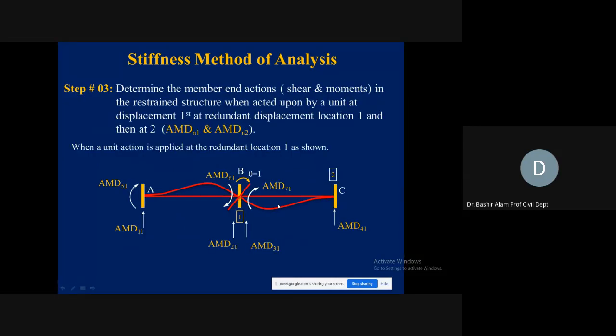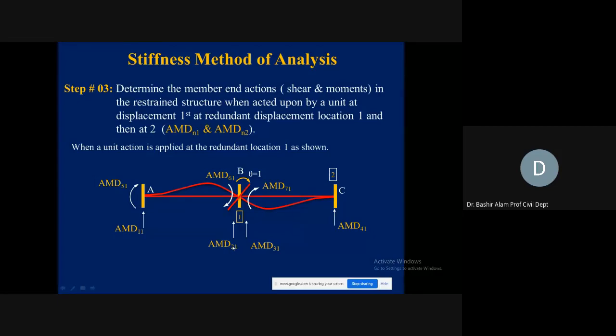Next, instead of the AMR, here we need to generate the AMD values. And from where will it be coming? From where we generated the stiffness coefficient matrix. So you see here AMD11 is corresponding to AM1, AMD21 is corresponding to AM2. From where is this 2 coming?